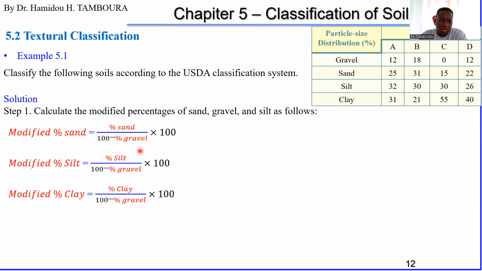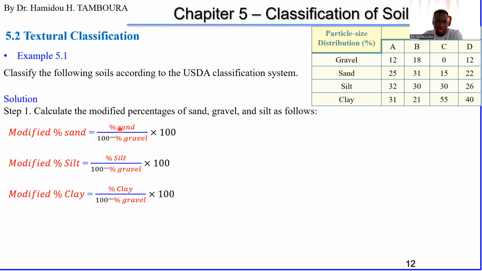Percentage of gravel should always be here in the three equations. Okay, so for example, if you take the case of this soil A, percentage of gravel is 12. So you will have 12 here, 12, 12. Okay, for the same soil A, the percentage of sand is 25.